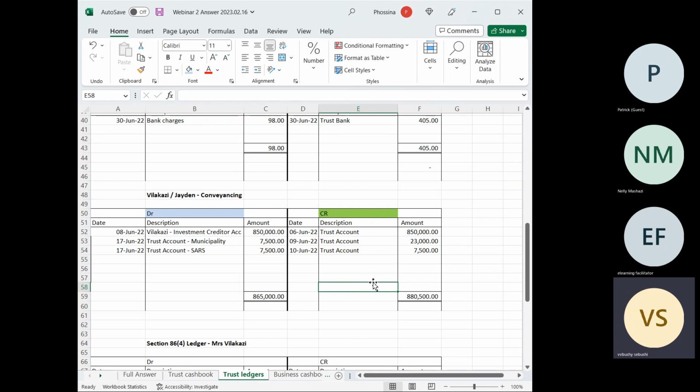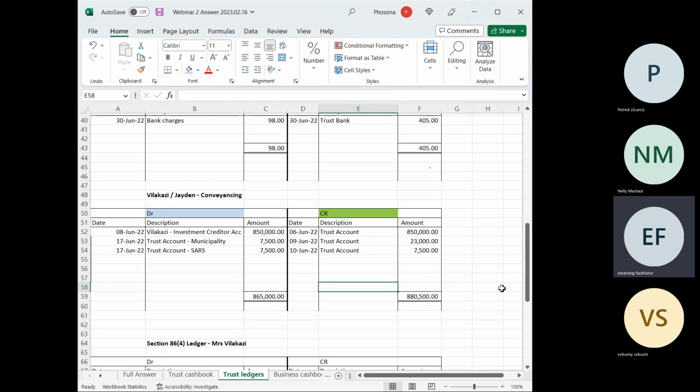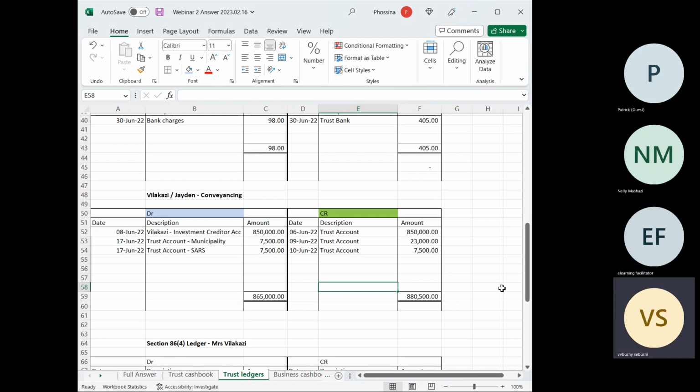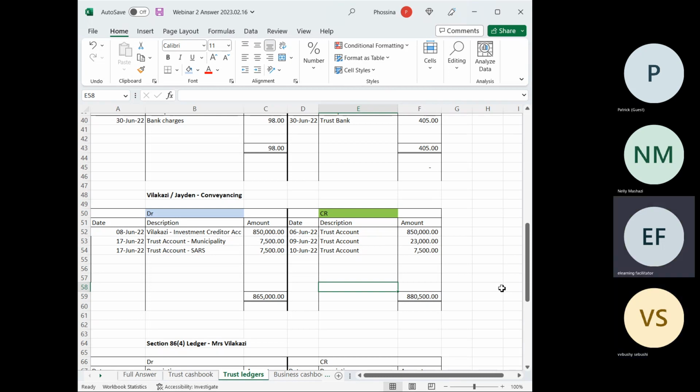Sorry, ma'am, can I interject there just before you go on? Remember, we invested the money into 86(4), and now the property is registered.